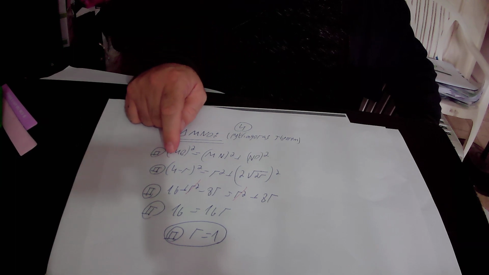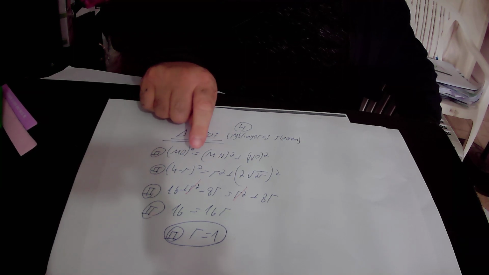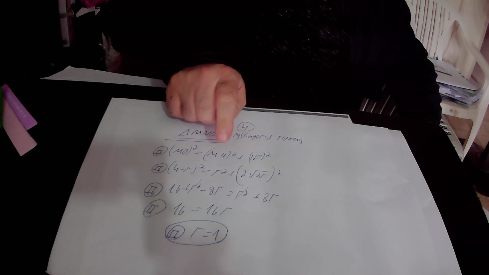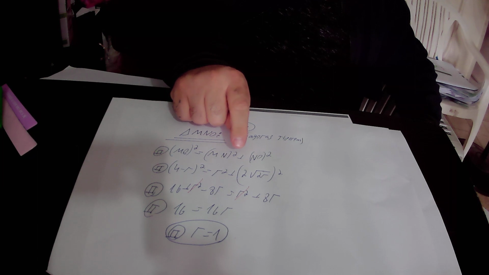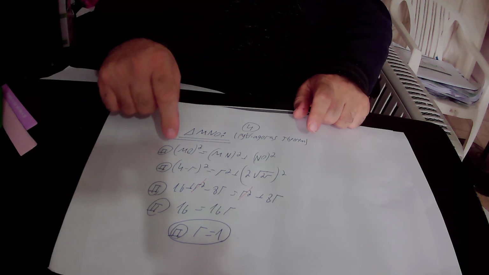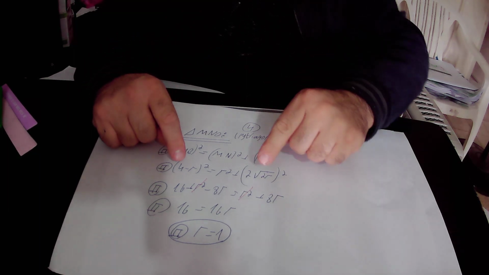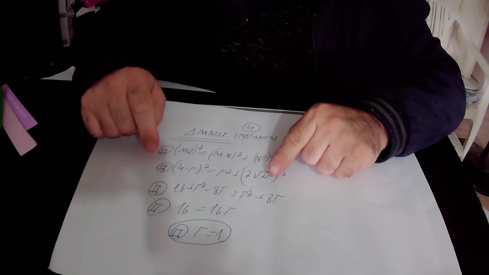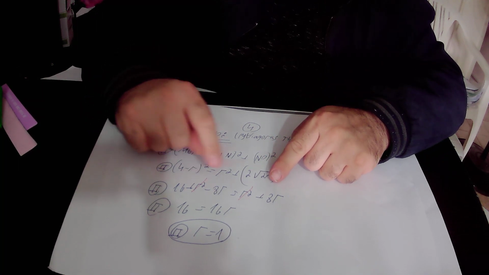So we open the brackets in equation number 2, and we get that (4 minus R) squared equals 16 plus R squared minus 8R, and it equals R squared plus 8R, since (2 times the square root of 2R) squared is 8R. Here we have R squared on both sides of equation number 2, so R squared will get cancelled.